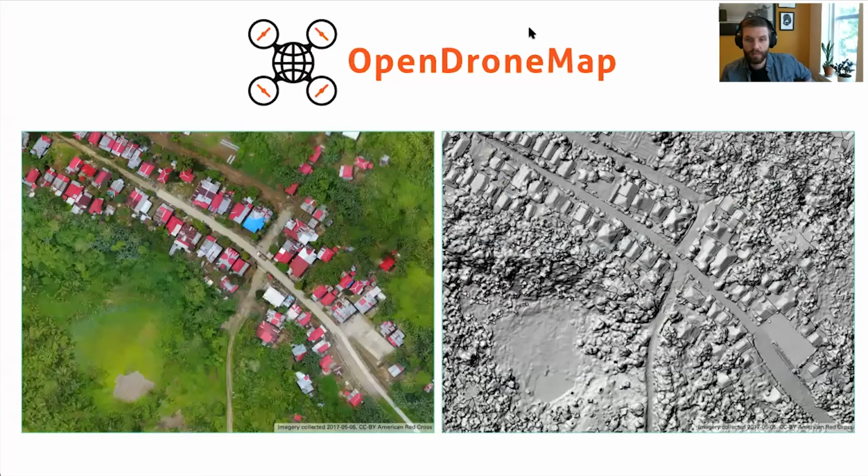The software that we like to use is called OpenDroneMap, and so it can take all those individual images and create kind of two primary outputs. The one on the left being your ortho photo, your orthomosaic, where the multiple images have been stitched together into a single image. And then it can also create a digital surface model.